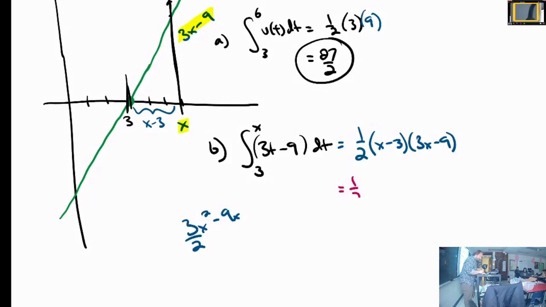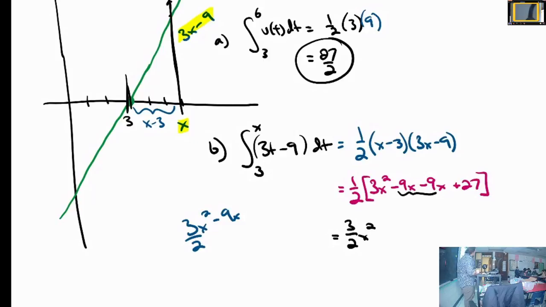We'll have the 1/2. Let's see, if we expand this, we'll get 3x squared minus 9x minus another 9x plus 27. So this ends up being 3 over 2 x squared.